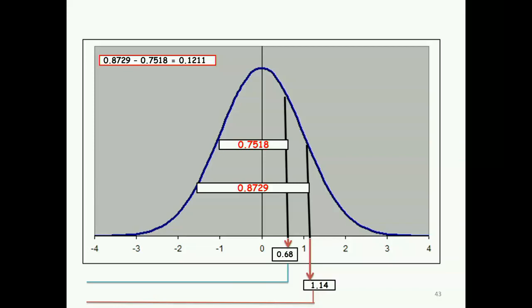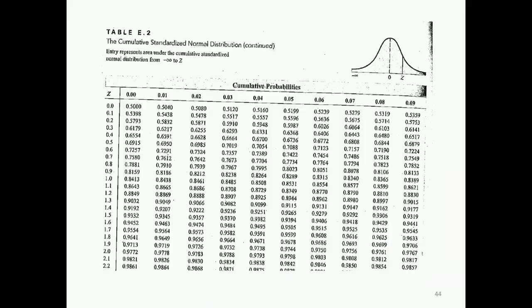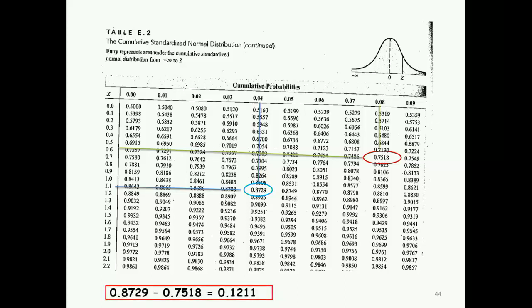How do we know? 1.14 to the left, that is 0.8729. The other one, 0.68. Then this minus this would be the value that I am after. So it always tells me to the left.